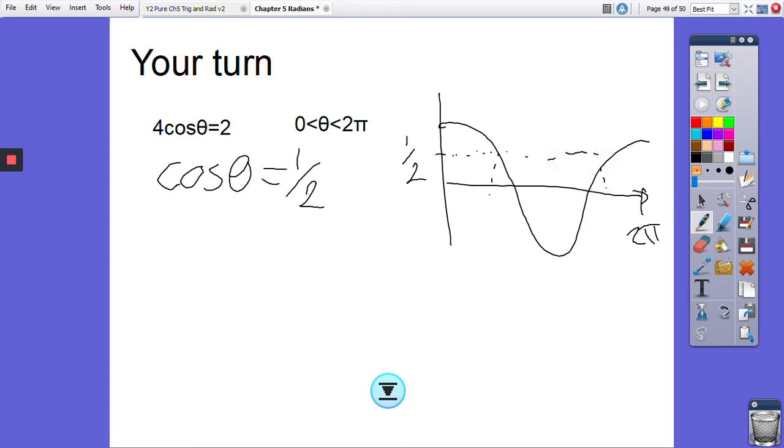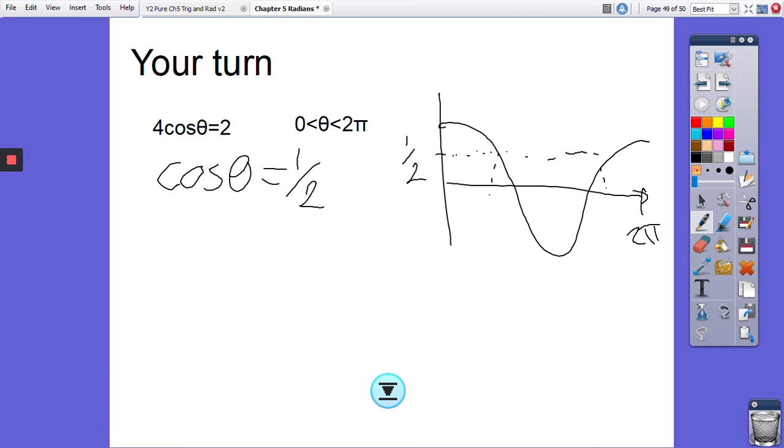This time, the way that we're going to get our two values is we're going to do inverse cos of a half, and that will give us our principal value. And then our other value we will get by doing 2 pi minus our principal value. So that's the way it works with cos.